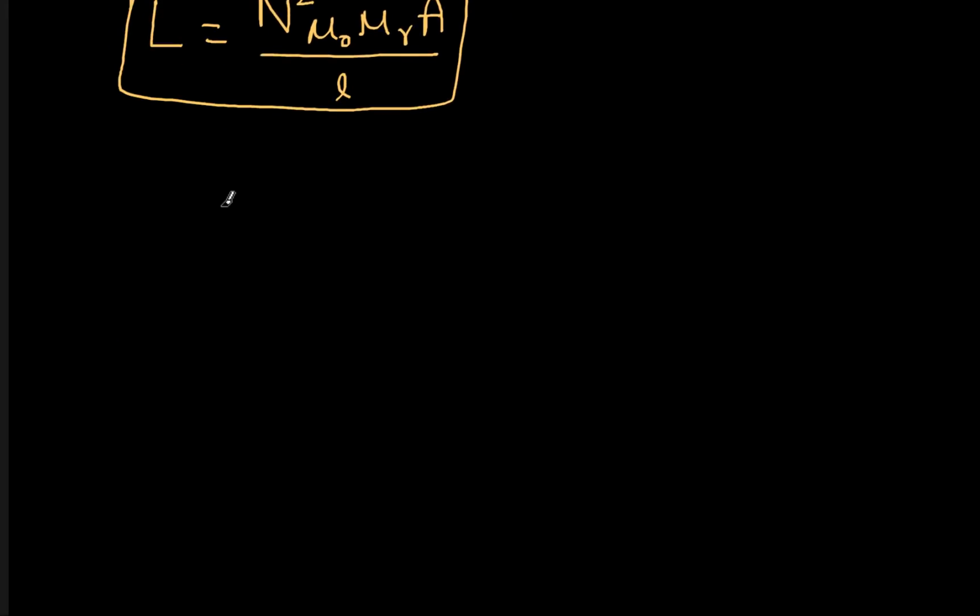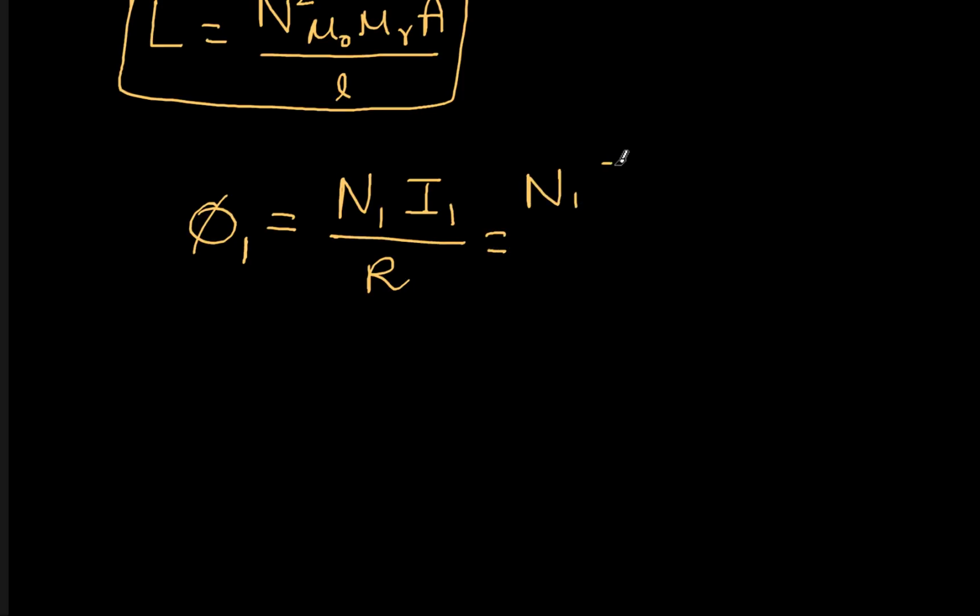So now the flux in the first coil is nothing but the ampere turns of the first coil divided by the reluctance of the first coil. So this is nothing but N1 I1 divided by reluctance, which is L by mu naught mu r into A. So this whole thing pertains to the first coil.